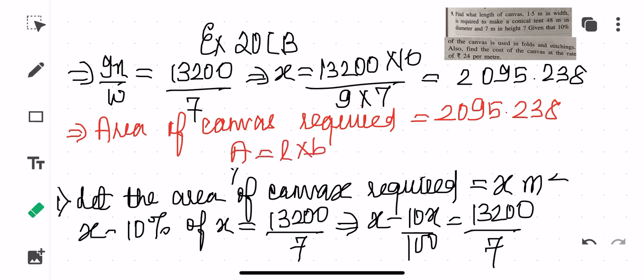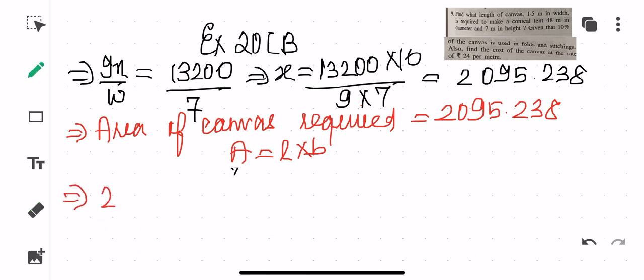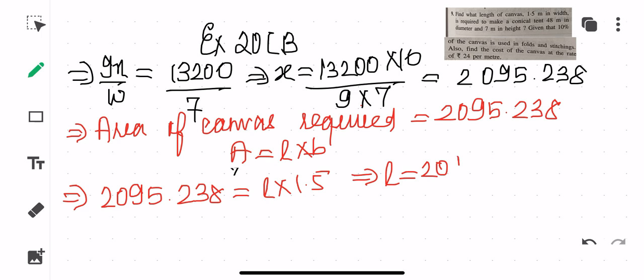So I'll be just erasing this now. The breadth was given as 1.5, children. So you will be writing 2095.238 is equal to length into 1.5. So this implies the length required is 2095.238 divided by 1.5.